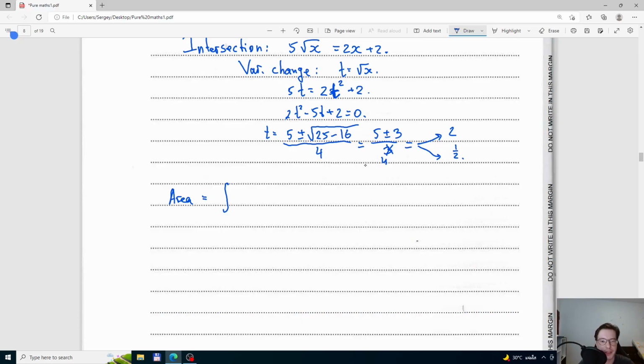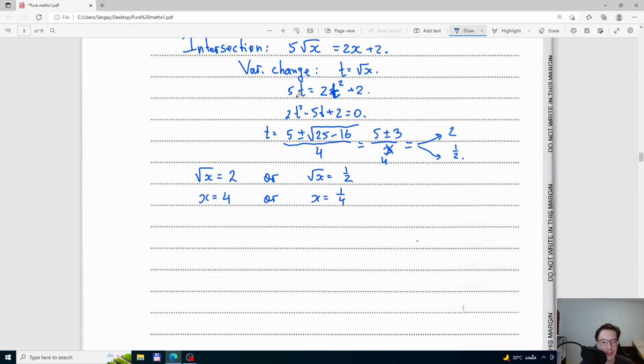I haven't found the x yet. Sorry about that. It's actually the value of t, right? And t equals the square root of x, so the square root of x is going to be equal to 2, or the square root of x equals 1 over 2. So that means x equals 4, or x equals 1 over 4.